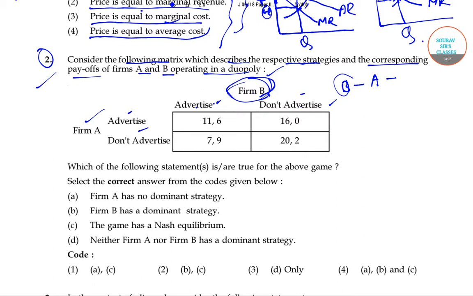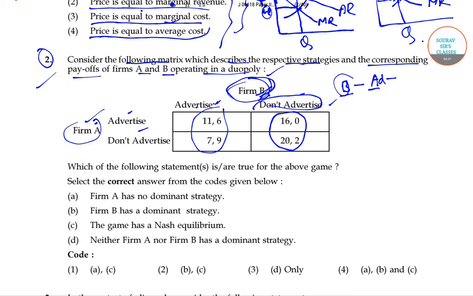If firm B chooses advertisement, then firm A has 2 things left. Now the thing you have to remember is that firm B takes the first move, and firm A has to choose second, after B has chosen its option.